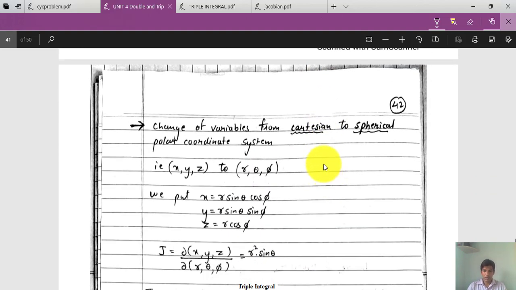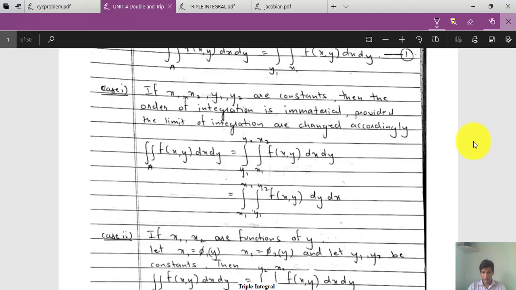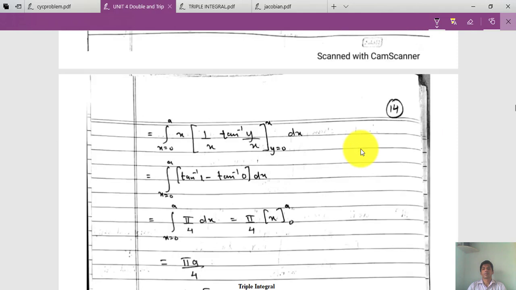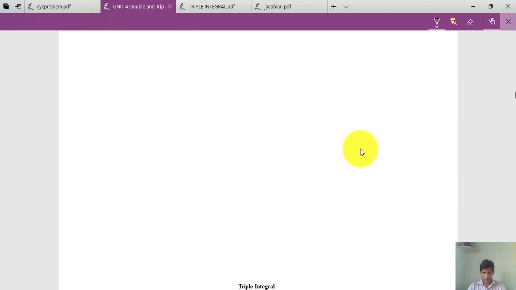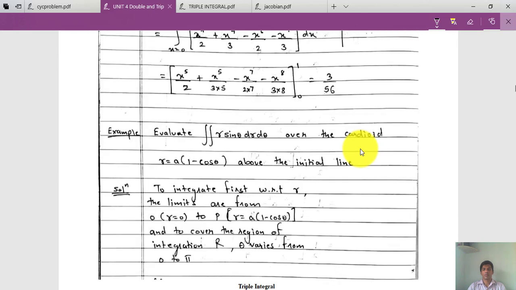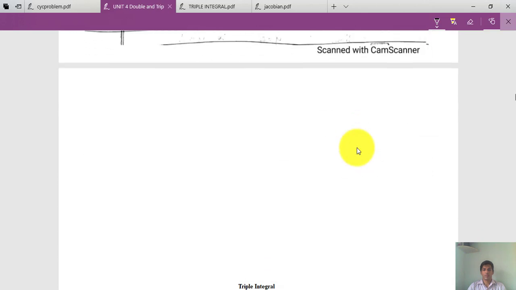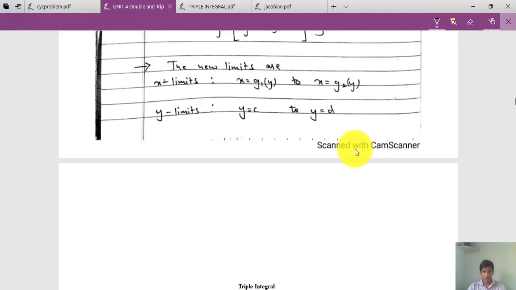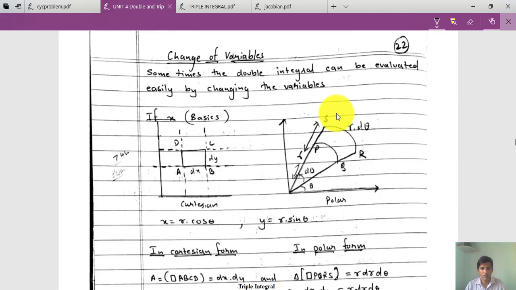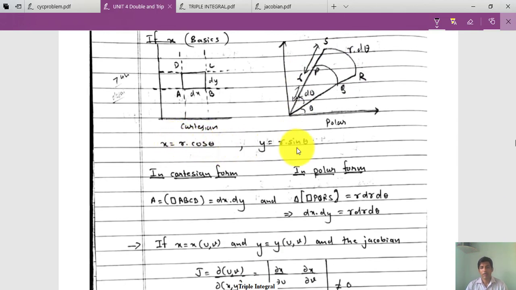Now in the previous section, in the change of variables, we expressed x in terms of r cos theta and y in terms of r sin theta.